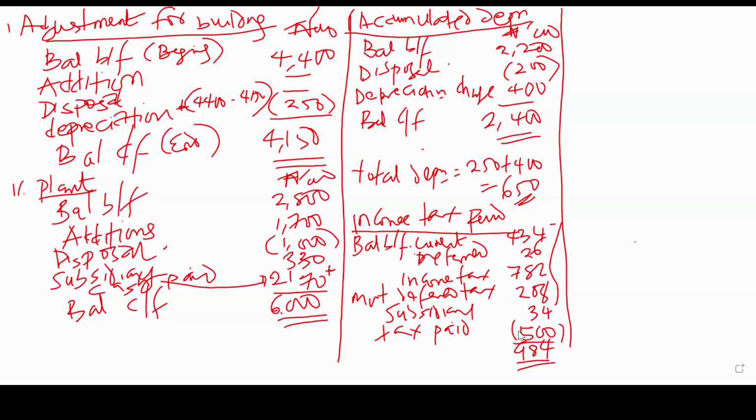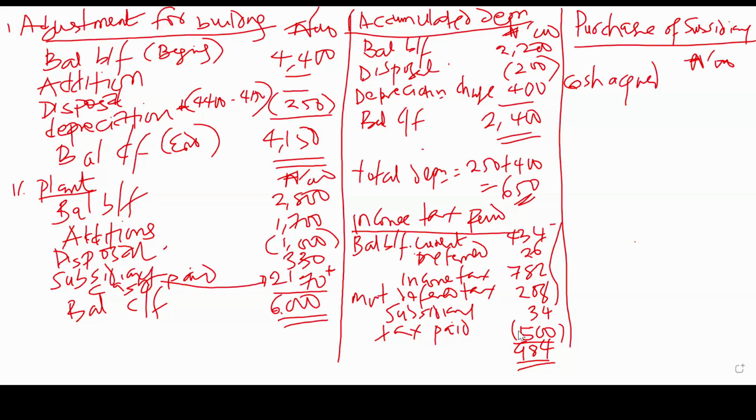I can net it off here by saying, okay, in the purchase of subsidiary, the cash we acquired, their cash balance was 224. But don't forget, we also paid cash. We paid the cash of how much?